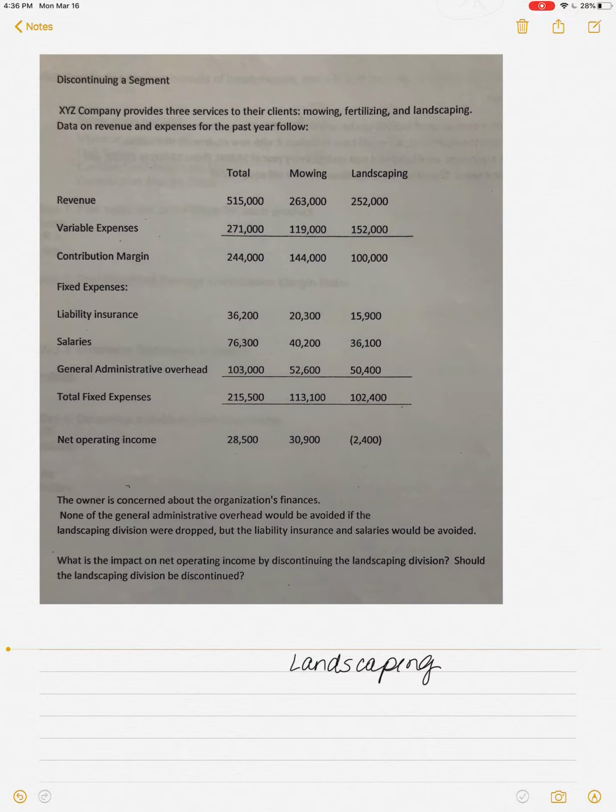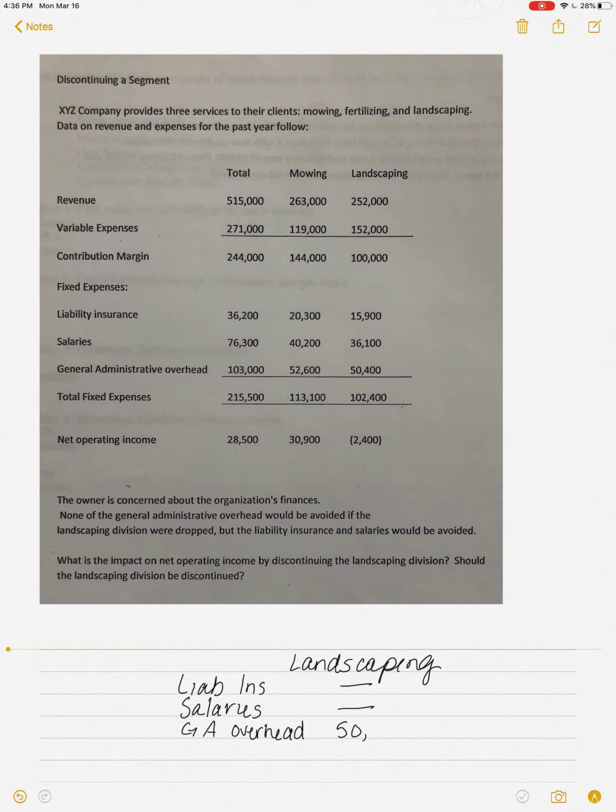Liability insurance could be avoided, so we would not include that. Salaries, again, could be avoided, so we would not include that. That general overhead, we'd have to pay that anyway.